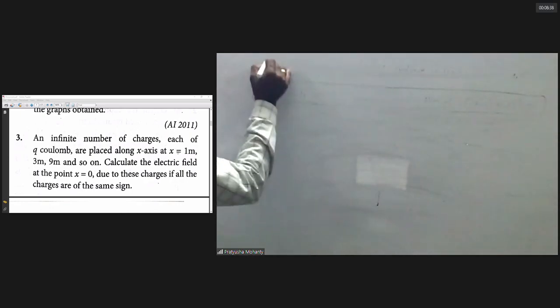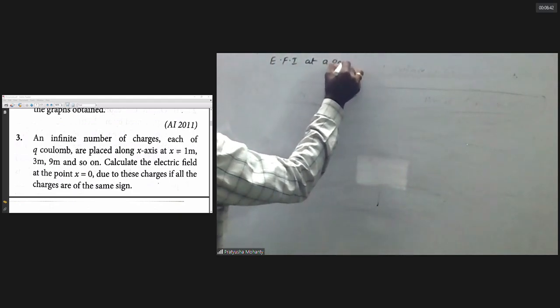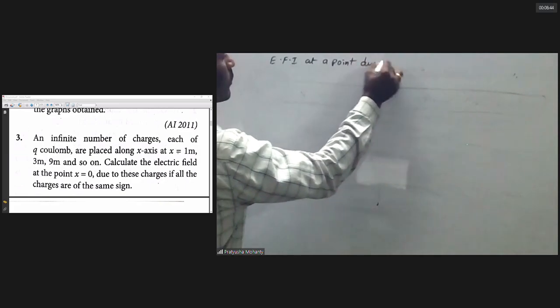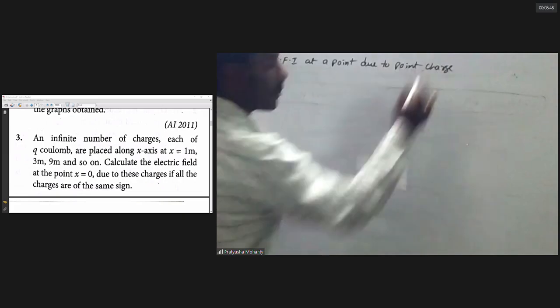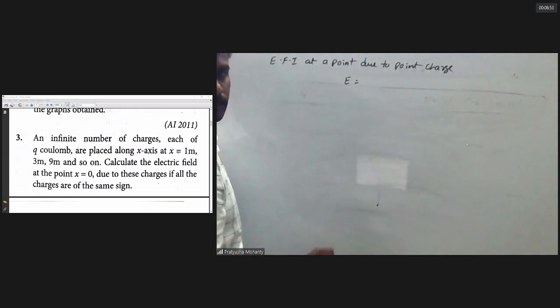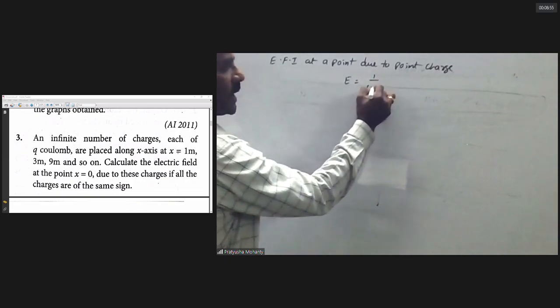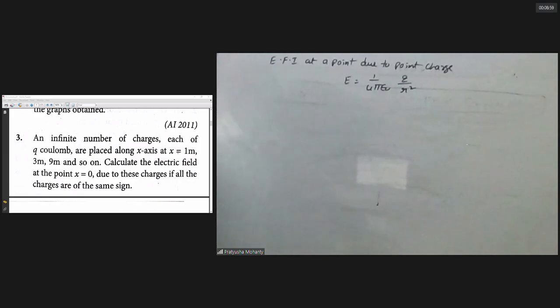E equals 1 by 4 pi epsilon naught q by r square.